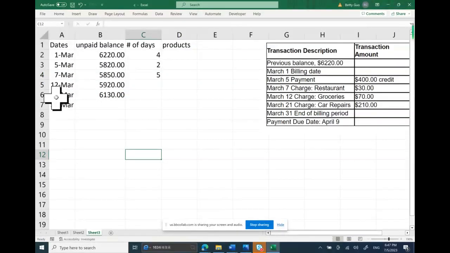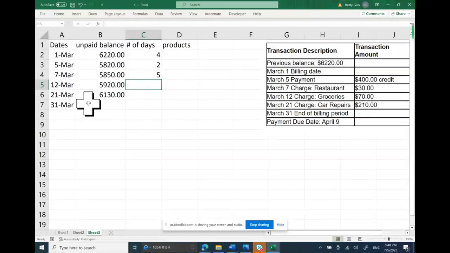To quickly get a number, you simply use 12 minus 7. And you can double check: this balance stays on your credit card from March 7, 8th, 9, 10, 11, 5 days, right? On March 12th it changed again, so only 5 days.